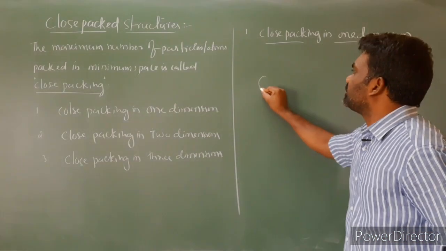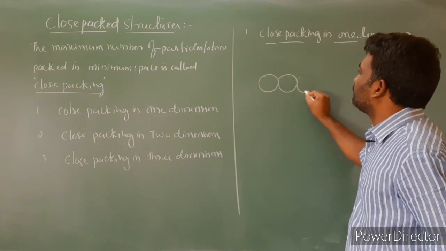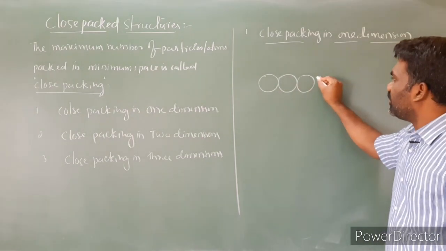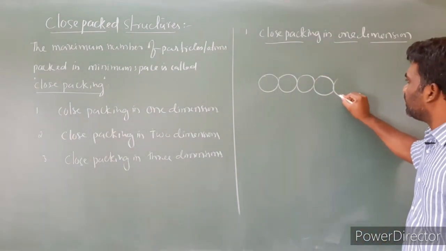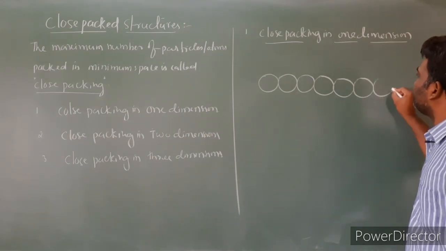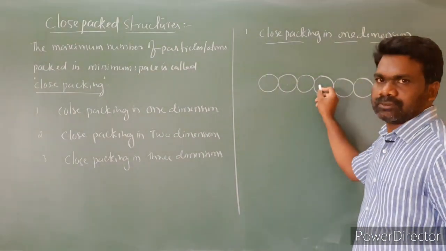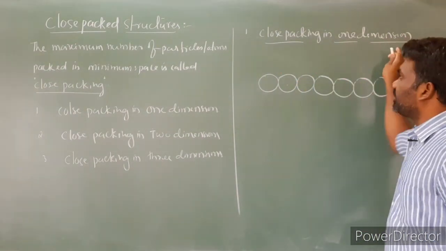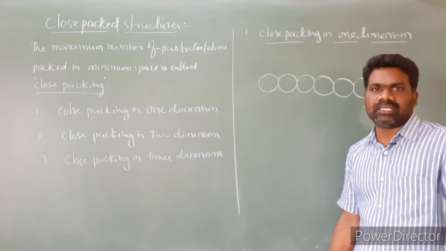So I am taking this one sphere, this is the second sphere, and this is the third sphere. Like this, all the spheres we have to arrange in a row. Look at here. This is the sphere I am taking. The sphere is touching these two spheres.